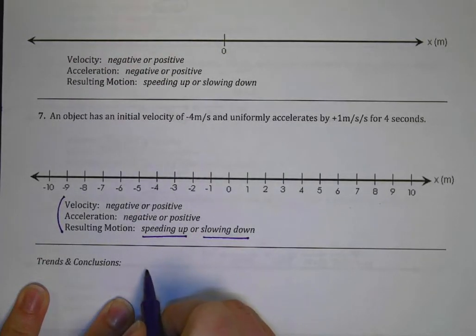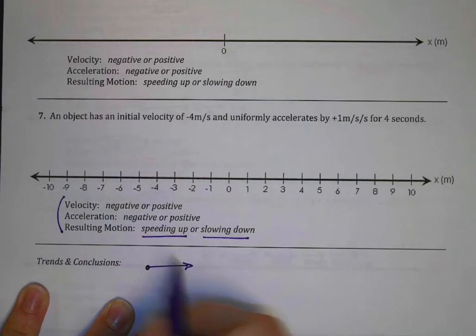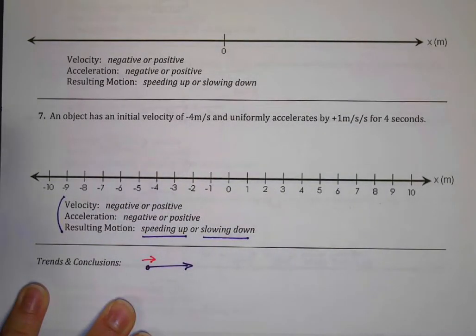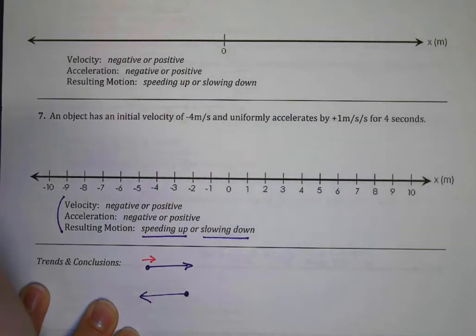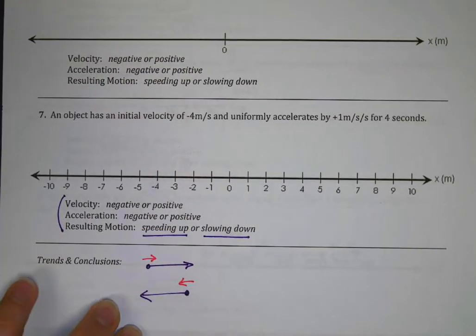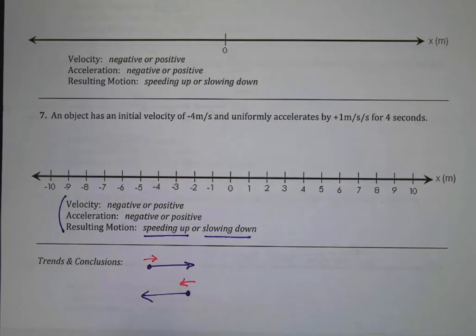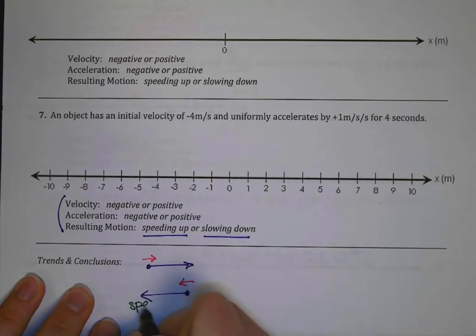If your velocity is in the same direction as your acceleration, so this would be one example, something traveling to the right and accelerating to the right or in the positive direction, or something traveling to the left and accelerating to the left, the object will be speeding up.